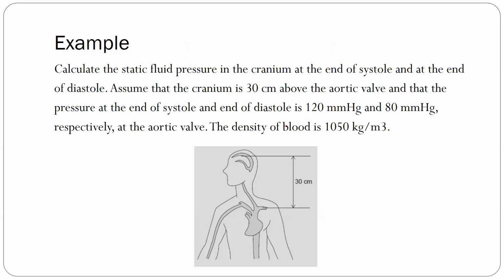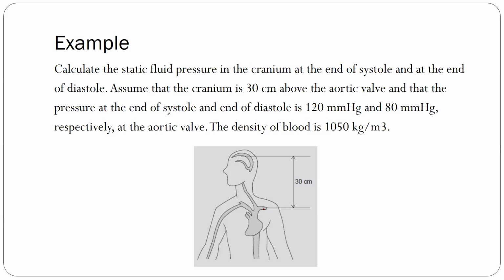Another problem that you can practice is to calculate the static fluid pressure in the cranium, the head, of a human at the end of both systole and diastole. Assume a length from the cranium to the aorta; remember, the aorta is the largest artery.